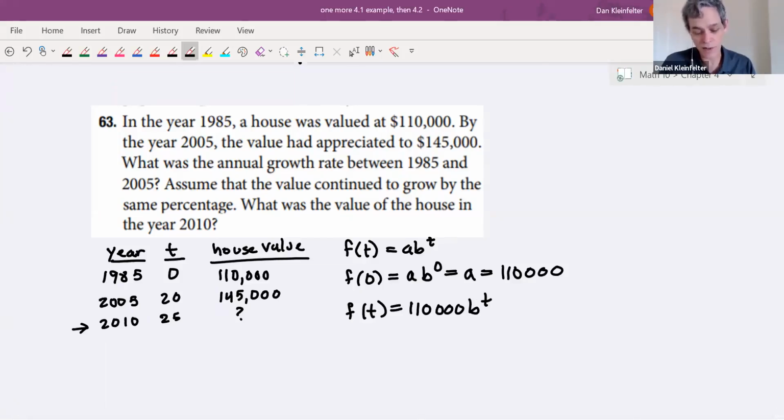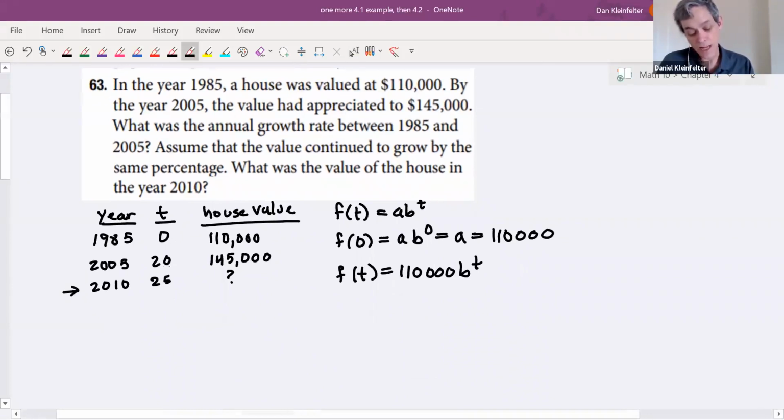Now we're going on to 2005. So that's year 20. We know that the value is 145,000. So f of 20 will be 110,000 b to the 20th, and that's supposed to equal 145,000.